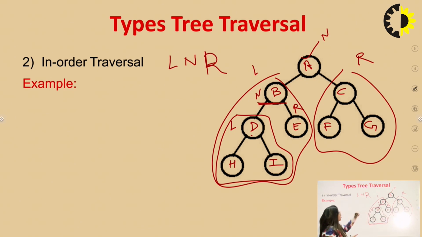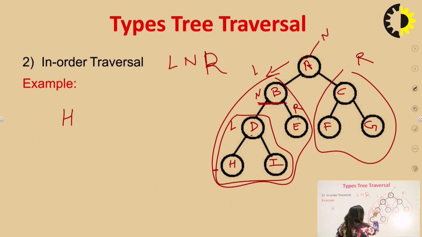Got it? So according to this, we use the left subtree. This is a root, the left subtree comes on the left side, and it works as a root. So again left, again left. So firstly we use H. Now left, then we use root.